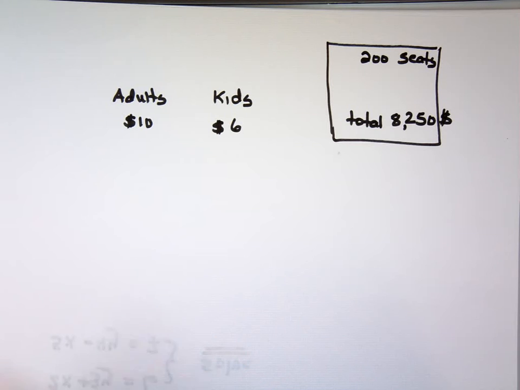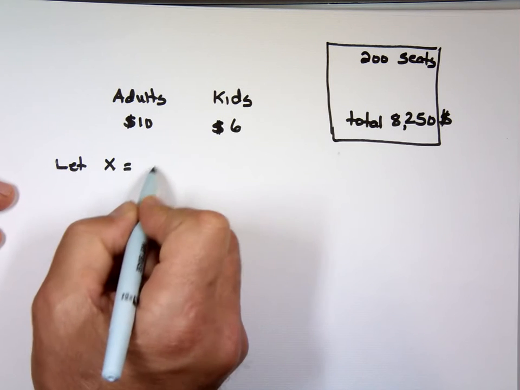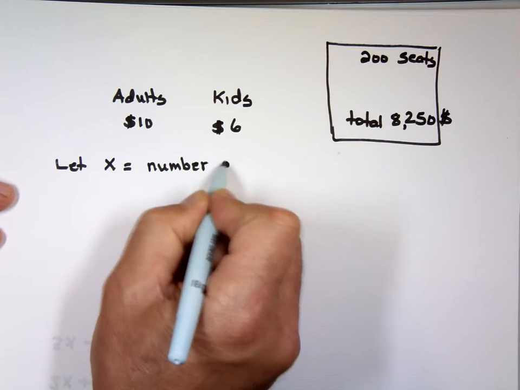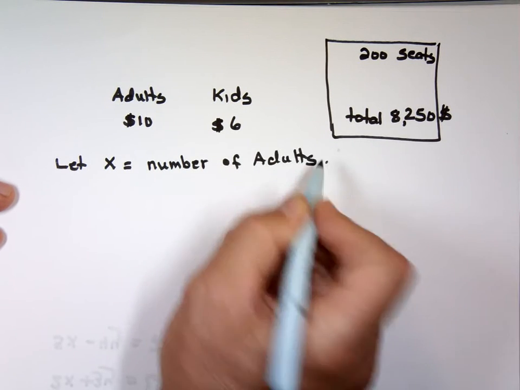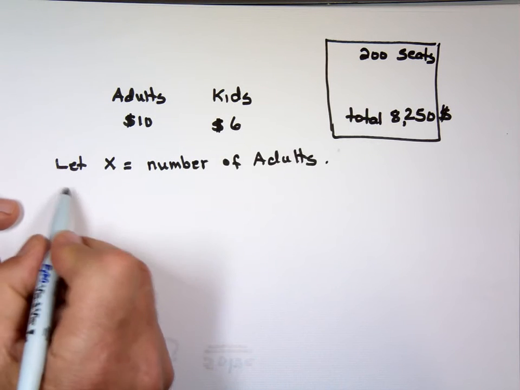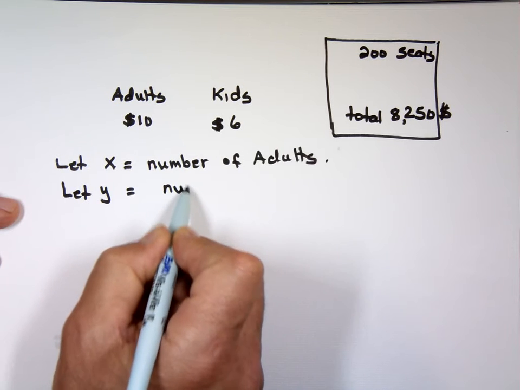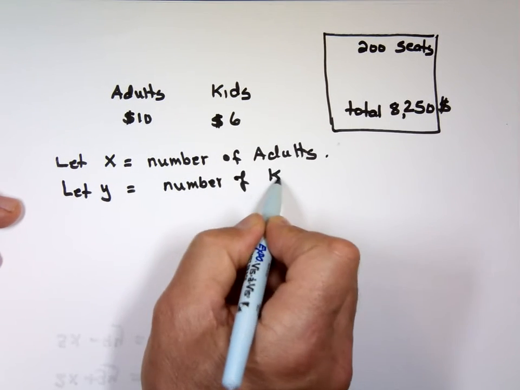I can let X be the number of adults that attended that movie showing there. And I can let Y be the number of kids.